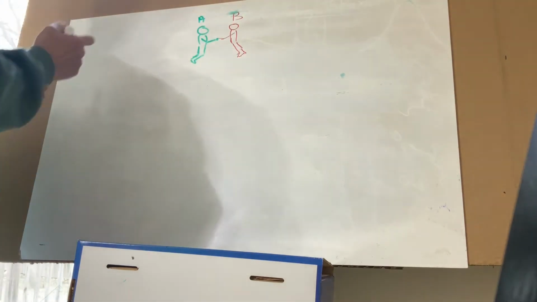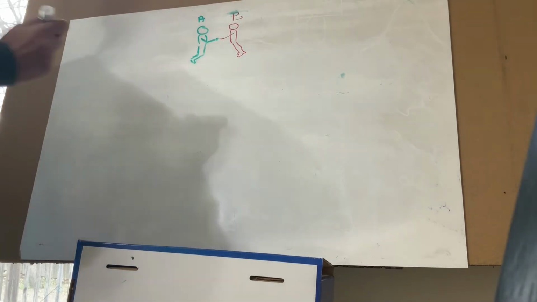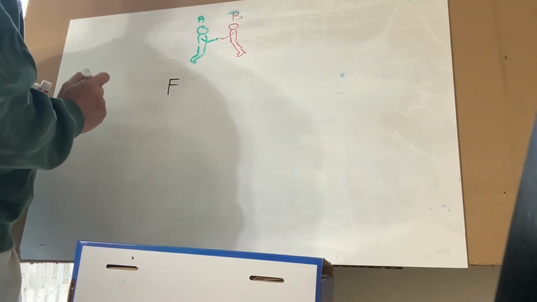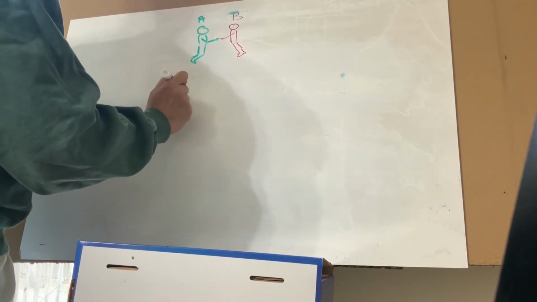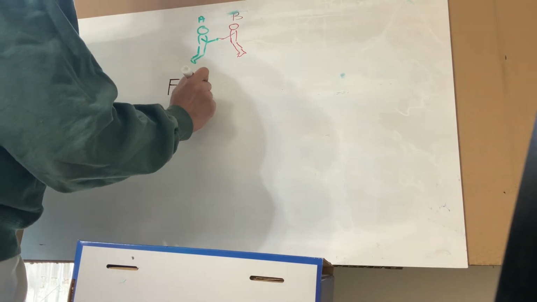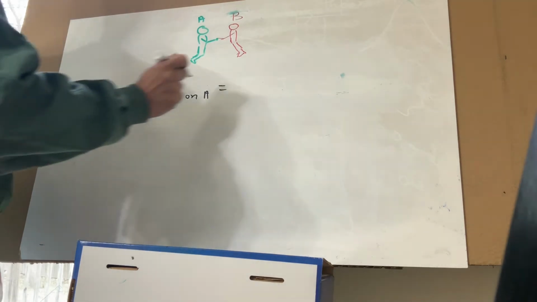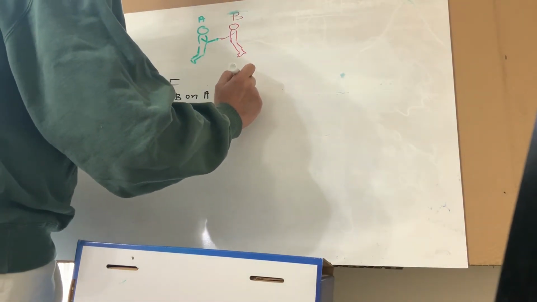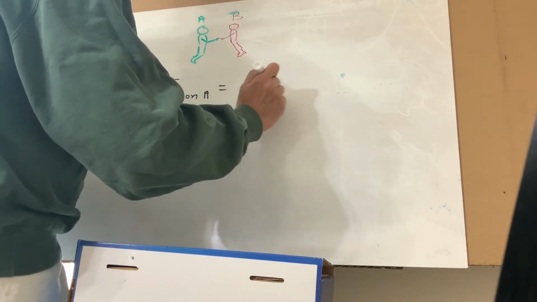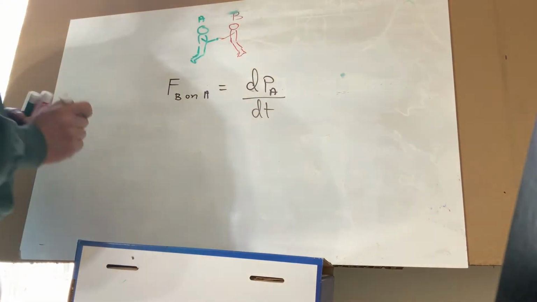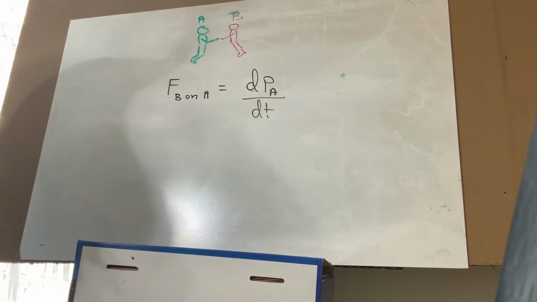Okay, and I'm going to write the force of B on A is equal to, by Newton's second law, the change in momentum divided by the change in time.